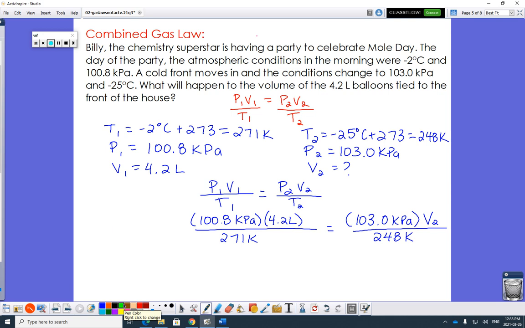Okay, so Kelvins cancel, kPas cancel. So we're left with liters.